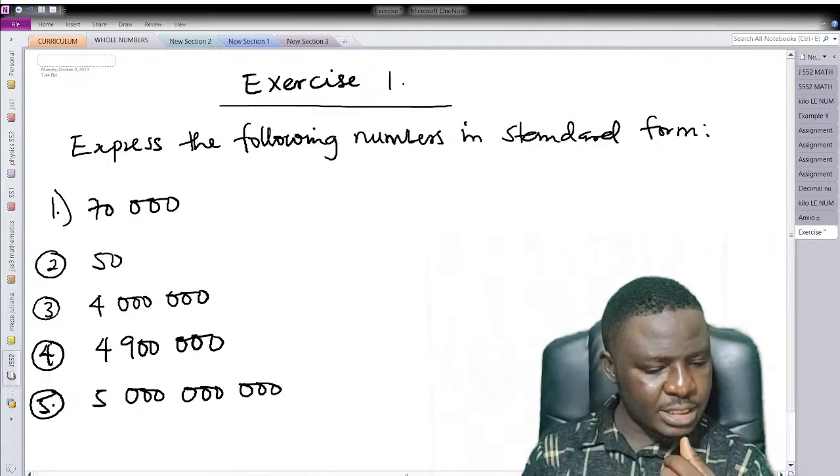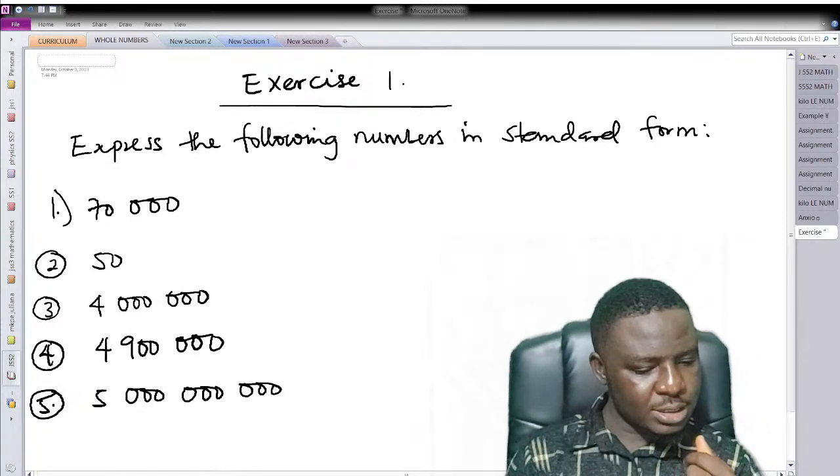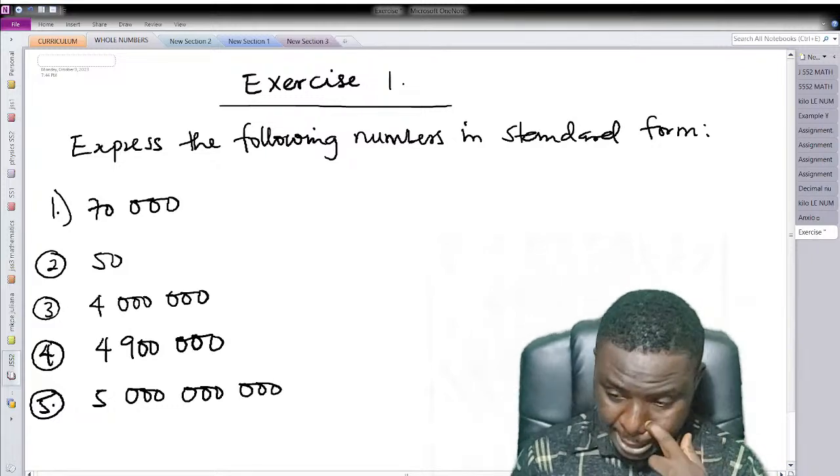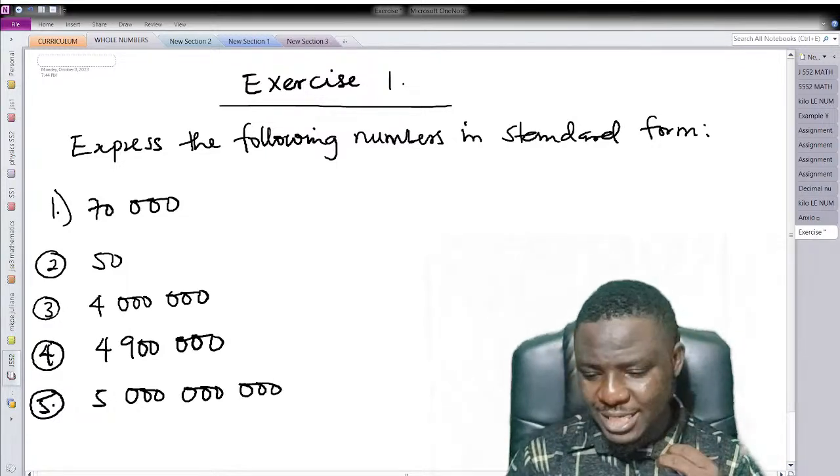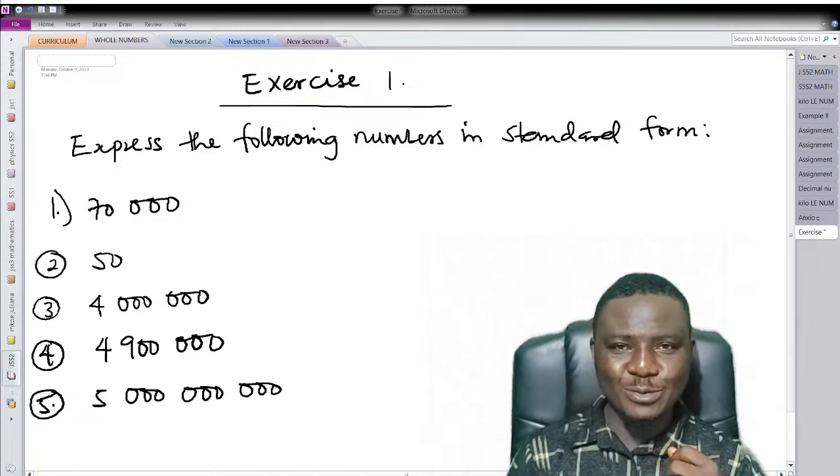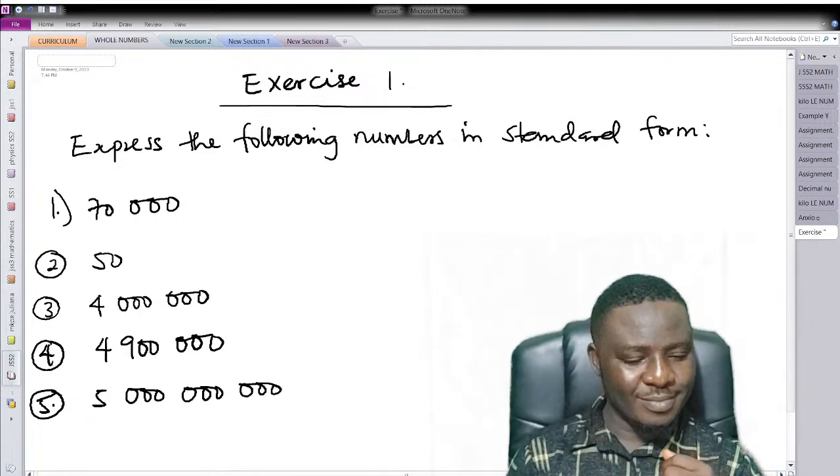Number 4, you said it's 4.9 times 10 to power 6. Okay, that's correct. Good. And number 5?